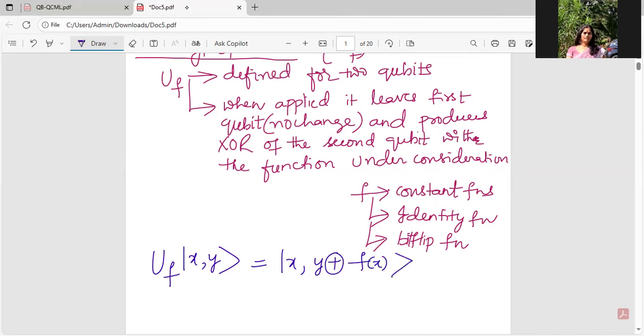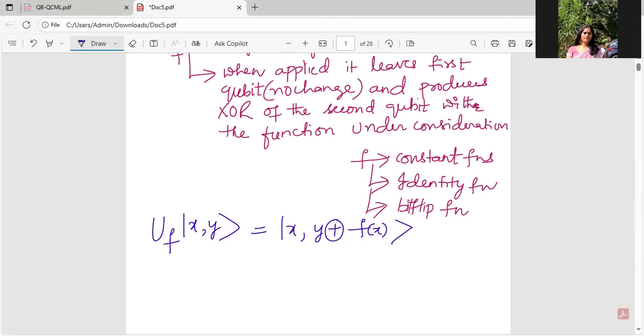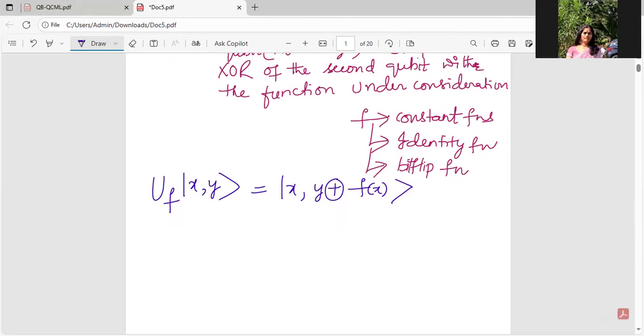This is how I will write it. Now, let us see what happens when UF is applied to a constant function or to an identity function, etc. Of course, I can go with different things as well.